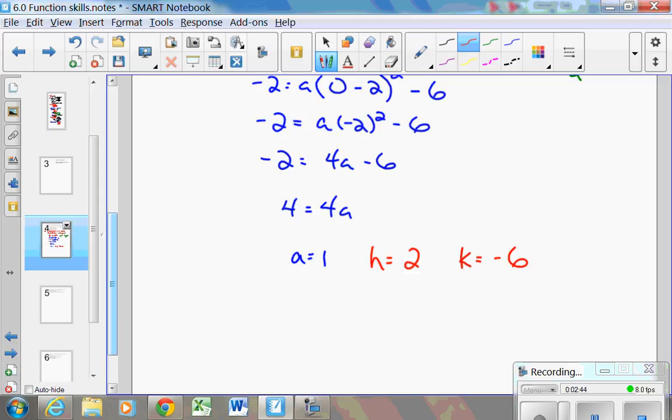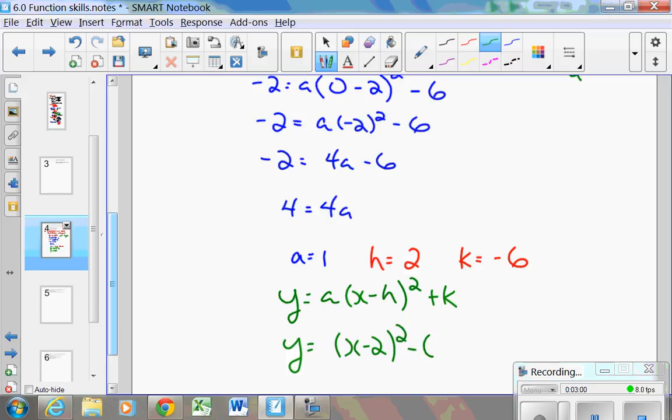So your equation, y equals a times (x minus h) squared plus k, is y equals, a is 1 so you don't have to write it, it's implied, (x minus 2) squared minus 6. That's the answer we wanted for part A. Take the information about points, put it into a format best suited for your information, and then write the equation for that.